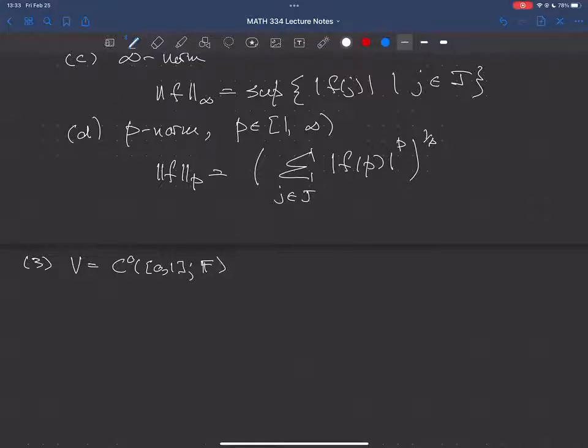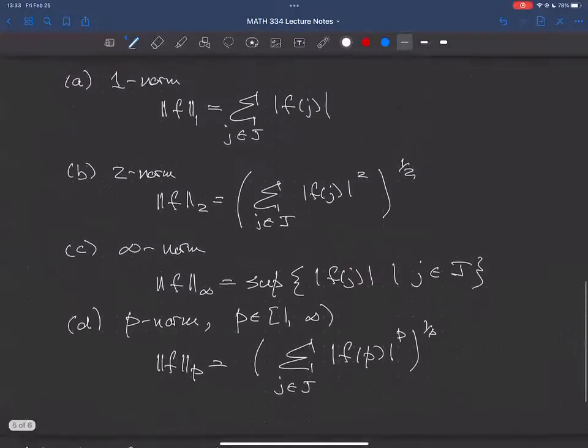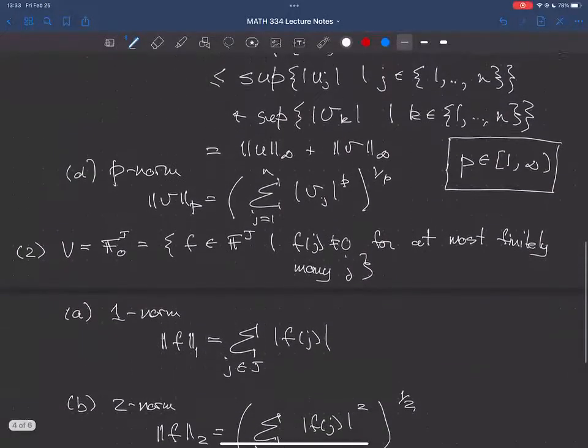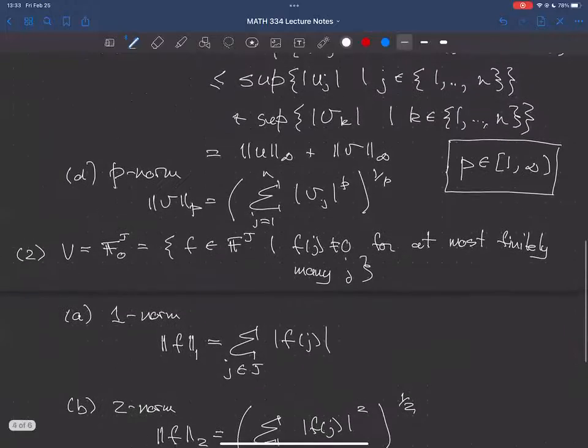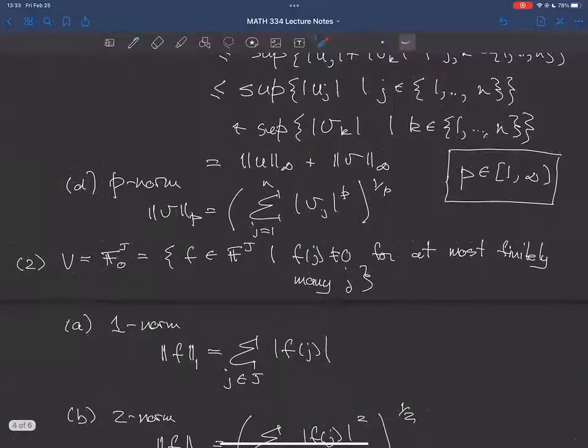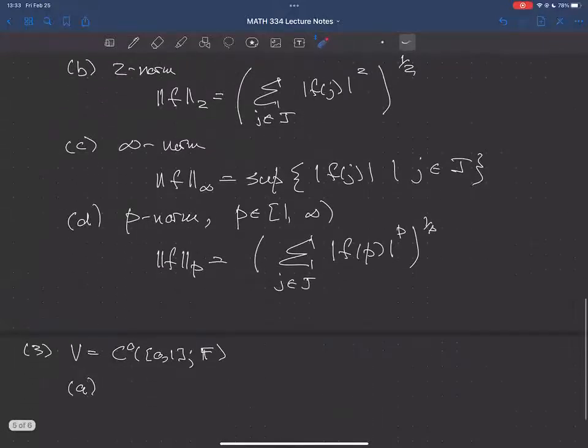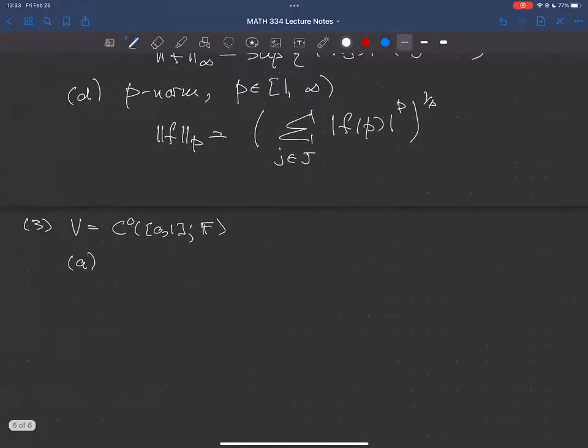Okay, and now here, the role of the sum in the norms that we had here is going to now be played by the integral. Okay, so basically the norms, the 1 and the 2 norm and the p norm, look rather the same as they do for the other cases. You just replace sum with integral.